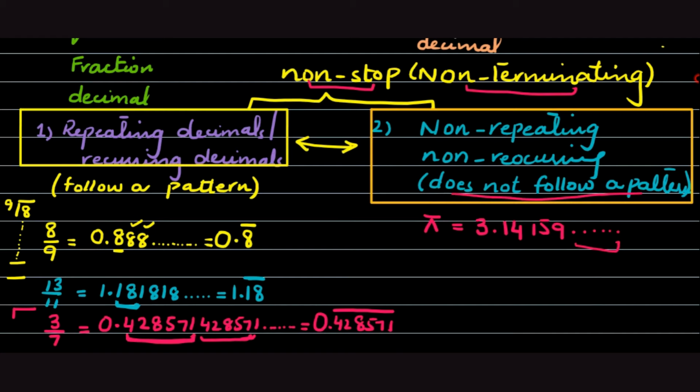The values that come after the decimal point will not have any type of pattern like repeating or recurring decimals. Recurring decimals can have different types of patterns, sometimes a single digit, sometimes 2 digits, sometimes a whole set. But in this situation, they will not follow any pattern. So it means they are irrational numbers. Both are non-stop, non-terminating, but one follows a pattern, the other doesn't.